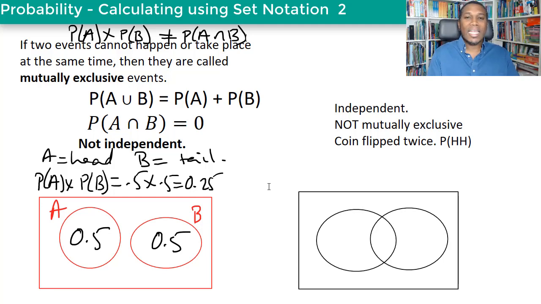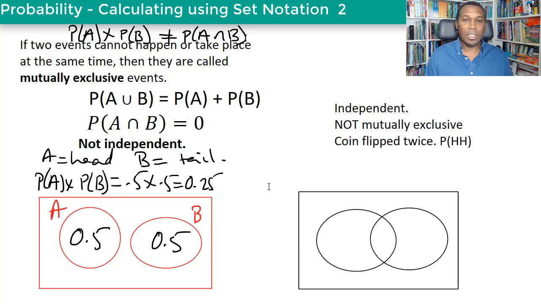It means that an event is impossible. So if at least one of the events is impossible, then we can have a situation where the events are mutually exclusive and independent, because probability A intersection B is the probability of A multiplied by the probability of B.